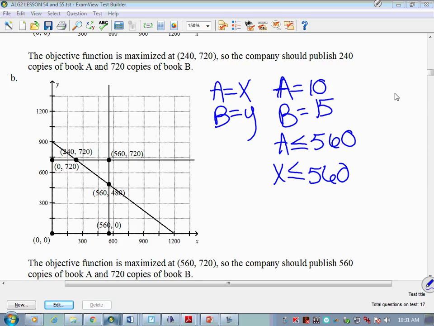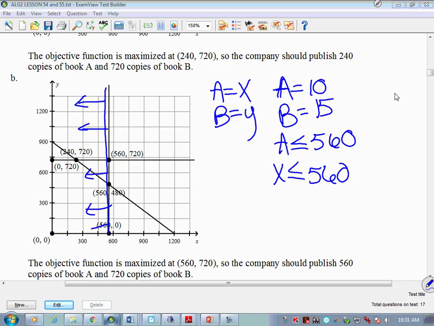X equals a vertical line at 560. That's where you see this line here, correct? All right, and if it's everything less than 560, which side of that line is going to be shaded, the left side or the right side? The left side. So I would shade everything over here.